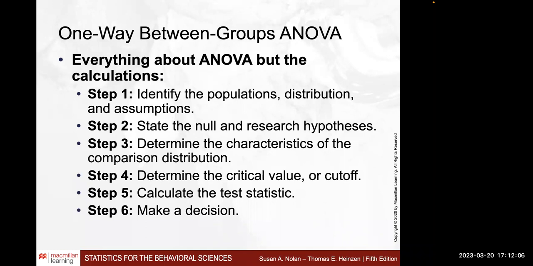Then in step 2, you state the null and the research hypothesis, which is basically that the groups are not different from the overall mean. You determine the characteristics of the comparison distribution, determine a critical value from the F-score table, calculate the cutoff, calculate the test statistic, and make a decision. Same as before.